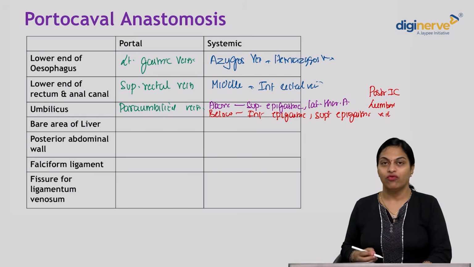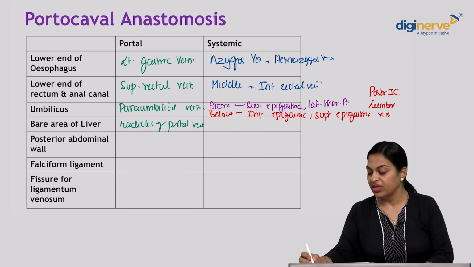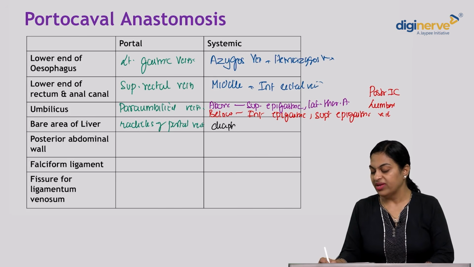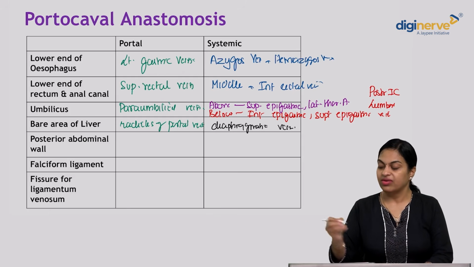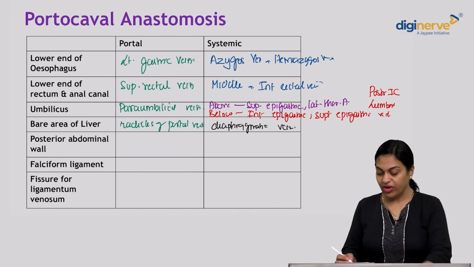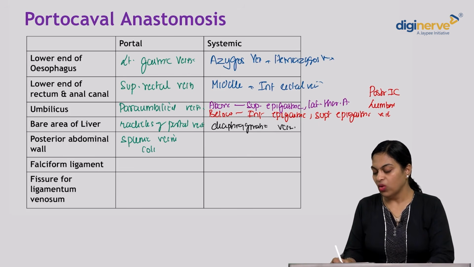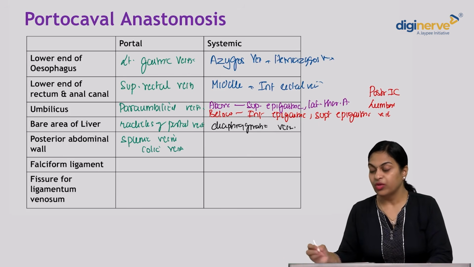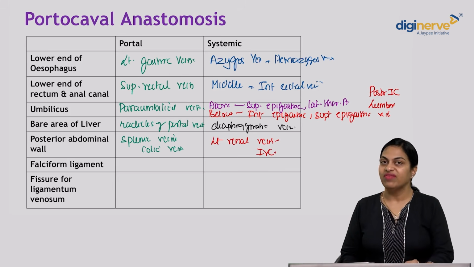Coming to the bare area of liver, here the radicals of the portal vein directly communicate with the diaphragmatic veins below the diaphragm. Okay, the subdiaphragmatic veins, which are, yes, tributaries of systemic veins. And posterior abdominal wall retroperitoneally, the tributaries of the splenic vein and the colic veins communicate with the tributaries of the left renal vein and other tributaries of the inferior vena cava.